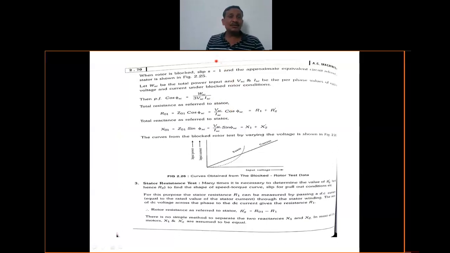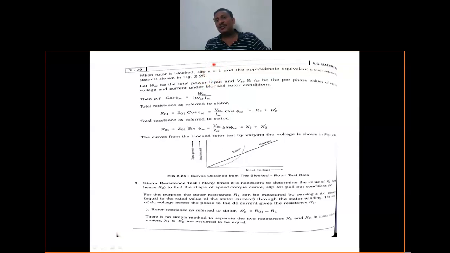Here S is taken as 1. Why is S equal to 1 taken? Because here the rotor is not rotating, the rotor is blocked, so the rotor speed is 0. So what is the slip formula? Ns minus n by ns.